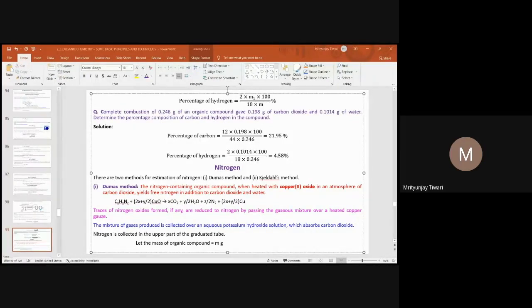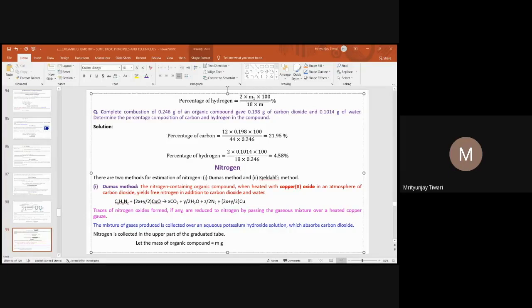The mass of water produced is 0.1014 gram, so we write the value of M1 here, 2 into 100, divided by 18, the molar mass of water, into the mass of organic compound, 0.246. Solving this, we get 4.58%, and this is how we get the mass percentage of carbon and hydrogen.